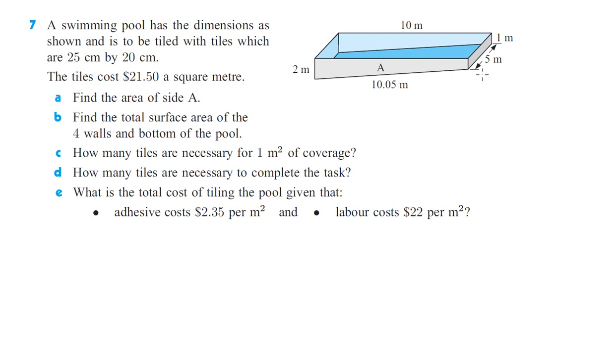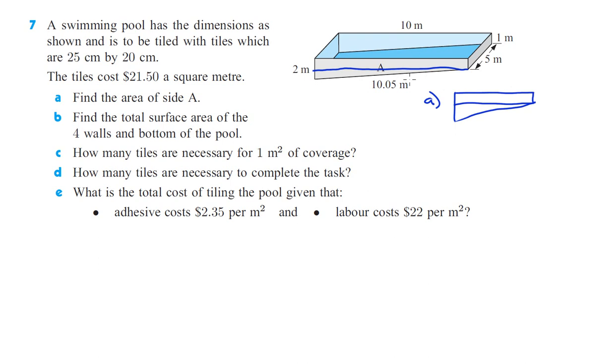But honestly, I think for most people, it's going to make more sense if we split it into a rectangle and a triangle. Okay, so if we do that, and if I redraw it here, not quite to the same scale that they have here, so here's our rectangle, and here's our triangle there.